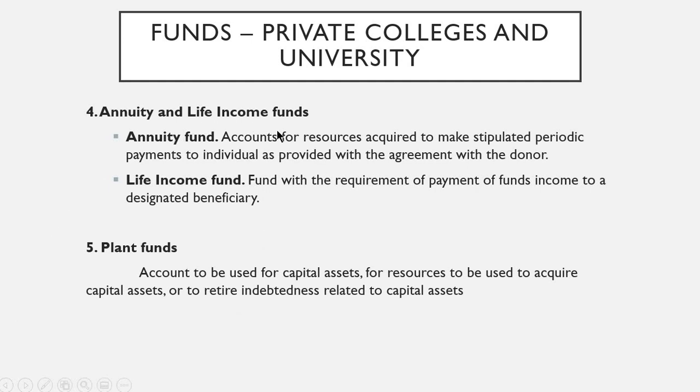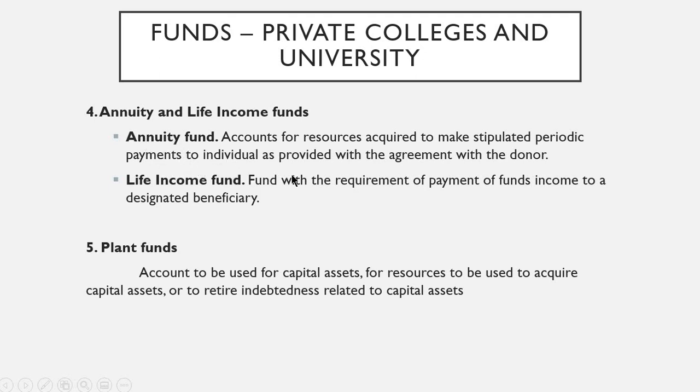So, annuity and life income fund naman. Annuity fund accounts for resources acquired with stipulated periodic payment to an individual as provided in the agreement with the donor. Ayan. So, pag mayroong resource na dinonate and the donor provided na an annuity payment should be made to someone, then such resource should be part of the annuity fund.